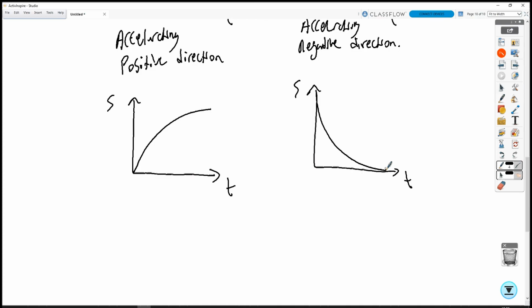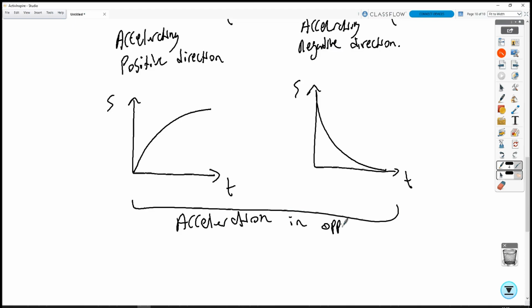Now, the next two, there is still acceleration. Typically, you would call this deceleration. But it's acceleration in the opposite direction to velocity. It's for both of these cases. So acceleration in opposite direction to velocity, which some people call deceleration, so it's slowing down.